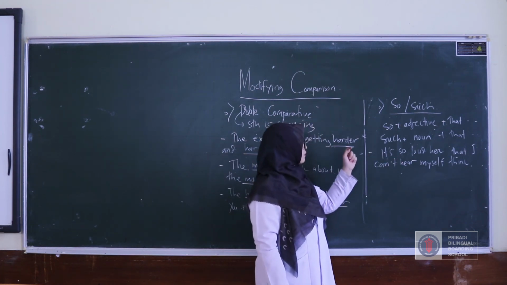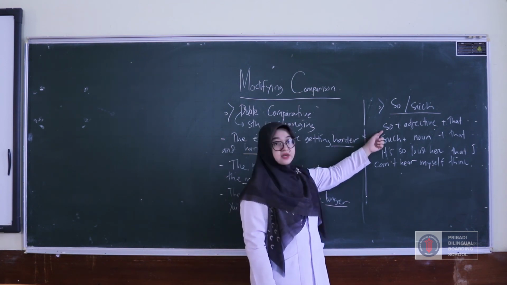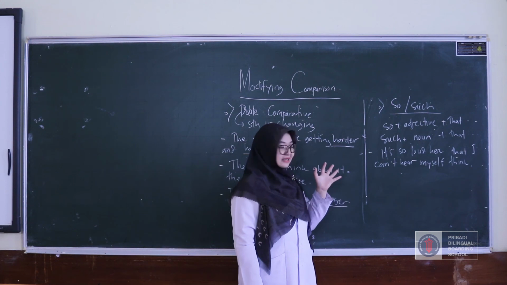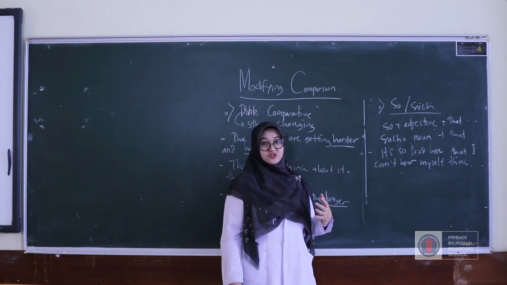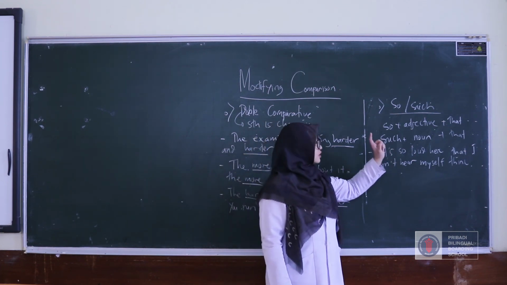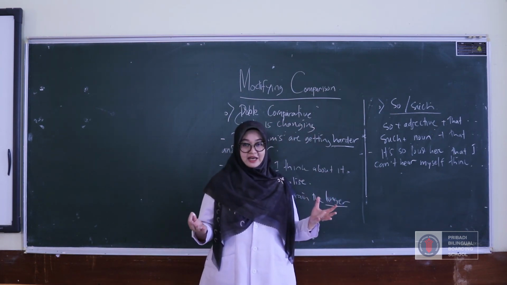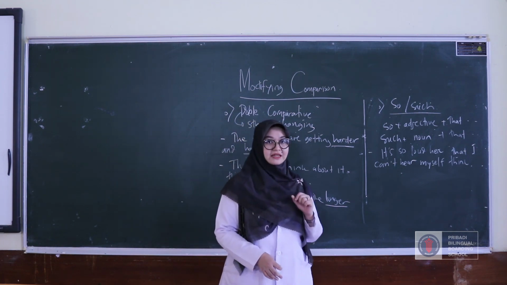Okay, so if you want to talk about an adjective, you have to use the word so. For example, it's so loud here that I can't hear myself think. It's so loud. Loud is an adjective, so you have to use the word so. If you want to use a noun, you need to use the word such. For example, such a lovely day. Okay, lovely day. Okay, so it's such a lovely day. Okay, so that's the noun.